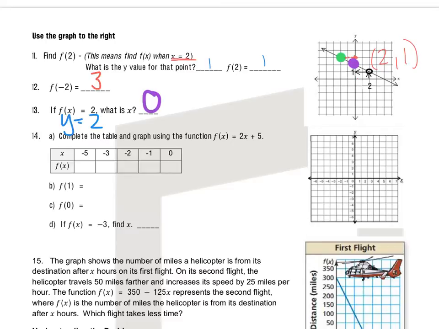So 14 says to complete the table using the function f of x equals 2x plus 5. So what we have to do here is plug in all of these values for x. We have to take all these values for x, and plug them in here for this x and see what we get. You're probably going to want a piece of scratch paper for this.